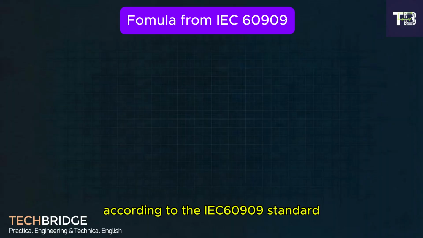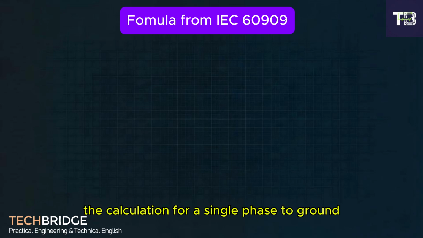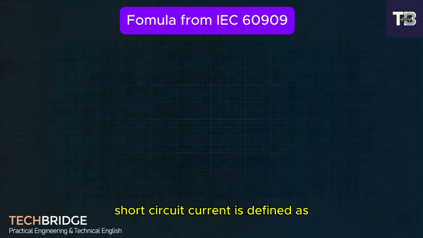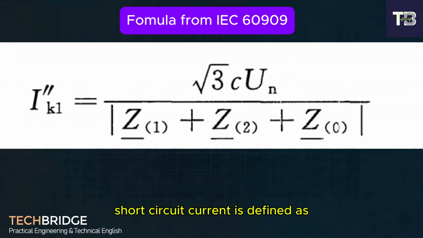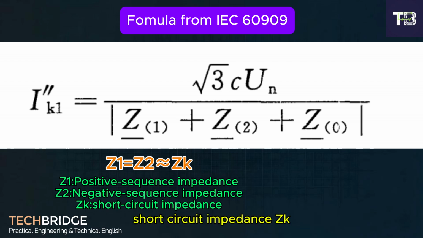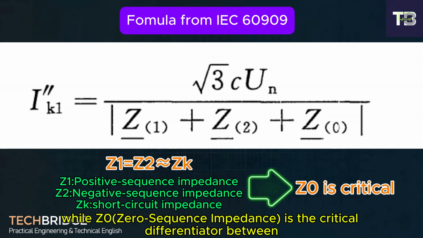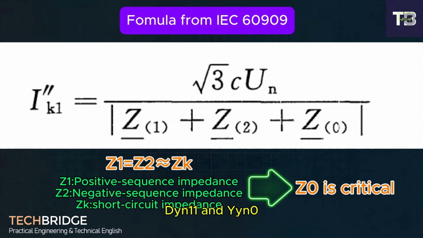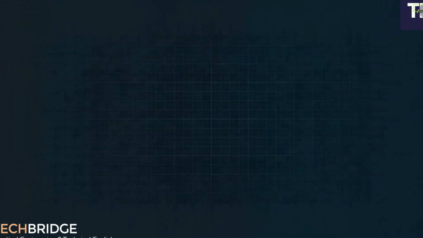According to the IEC 60909 standard, the calculation for a single phase-to-ground short-circuit current is defined as: here, Z1 and Z2 are typically equal to the transformer's short-circuit impedance, Zk, while Z0, the zero-sequence impedance, is the critical differentiator between Dyn11 and Yyn0.